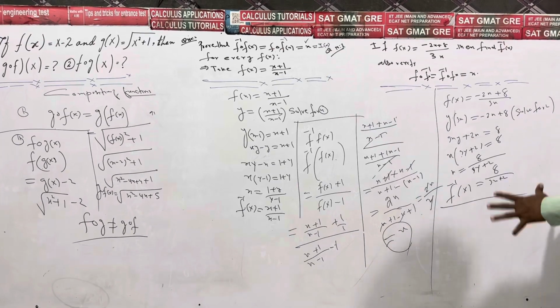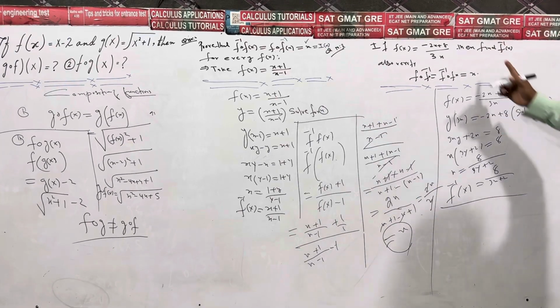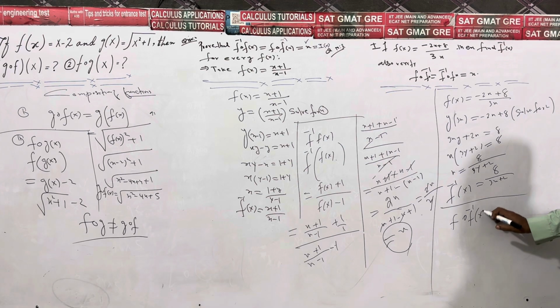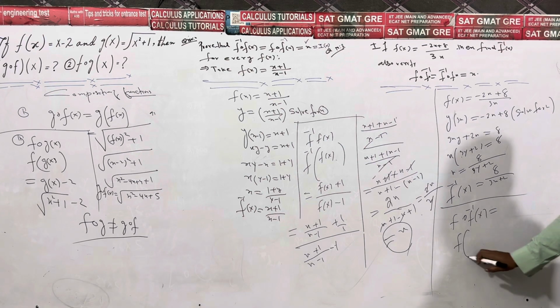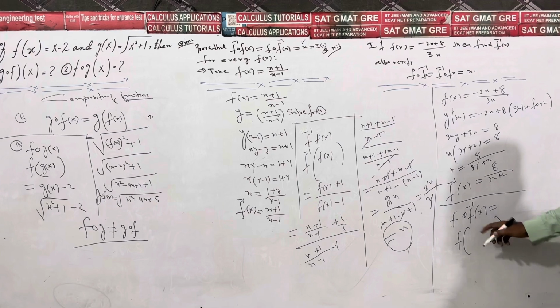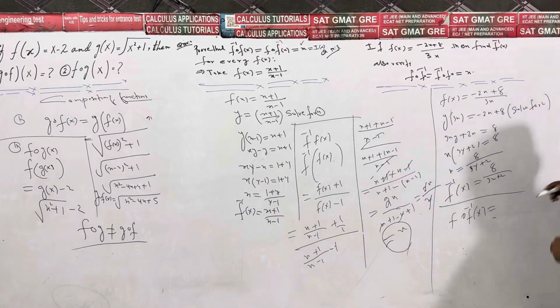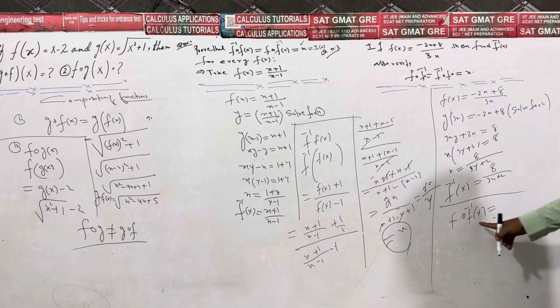Let's verify. I have a little space, I can verify one composition of a function and its inverse. A function and its inverse result in x. In the function, instead of x, put f inverse of x.